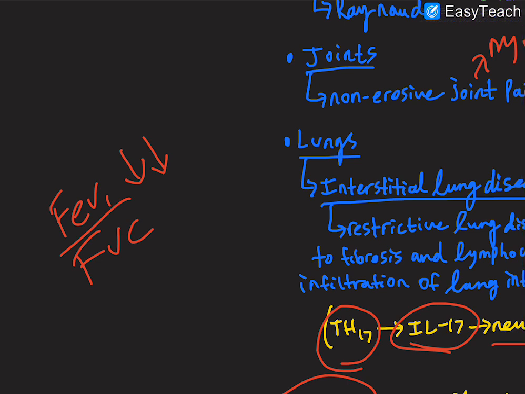In the first second, the amount of air you breathe out is your forced expiratory volume in 1 second, your FEV1. And your forced vital capacity is the total amount of air you exhale during this test, basically the total amount of air you exhale over the whole duration of your exhalation. So your FEV1 is the amount of air you exhale in 1 second, and your FVC is the total amount of air you exhale due to that breath that you took.